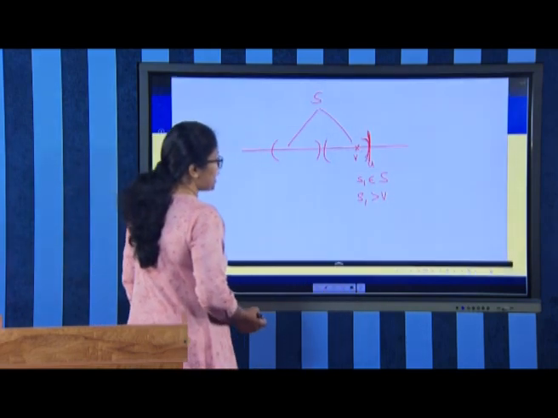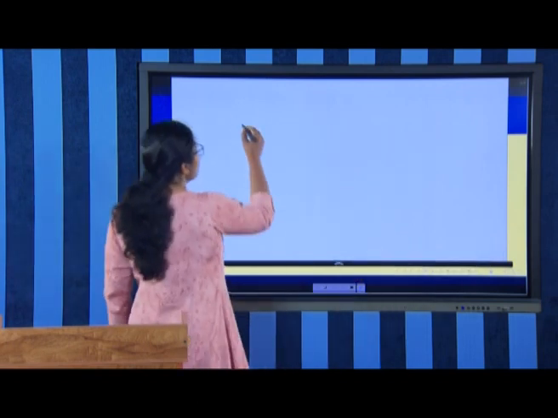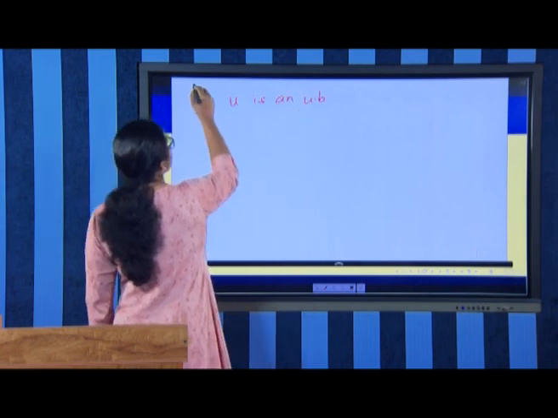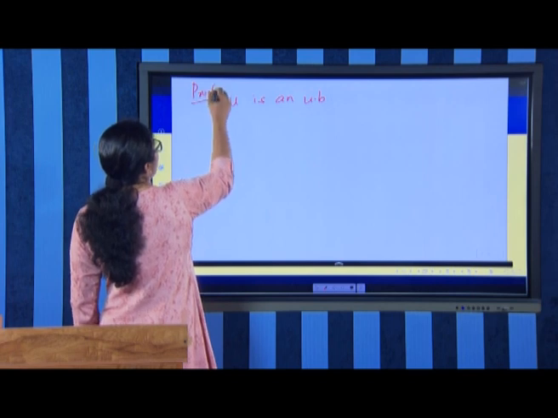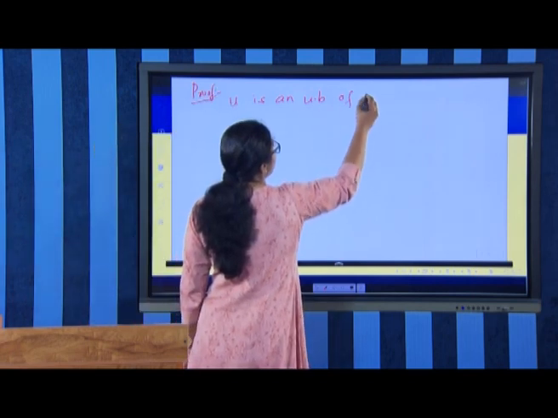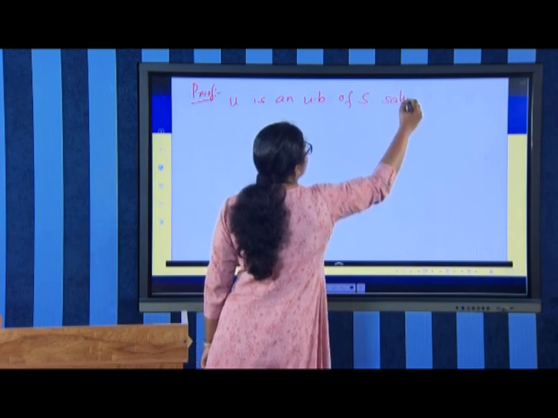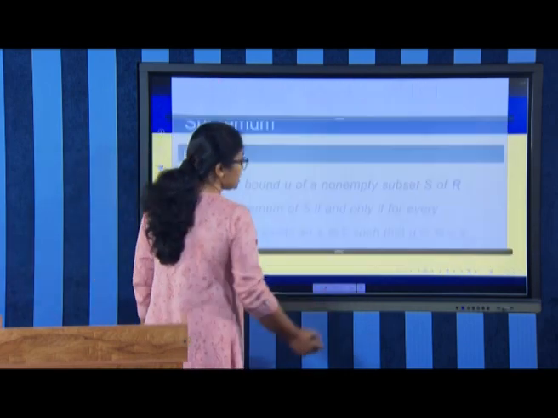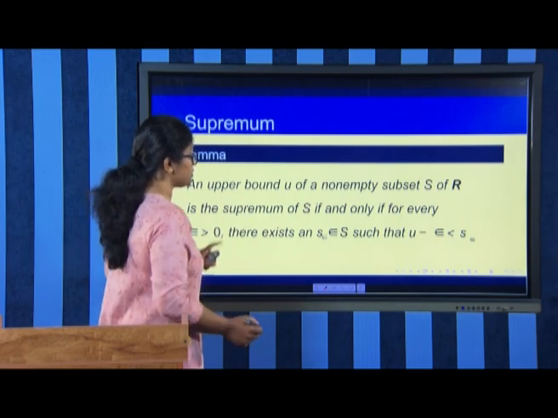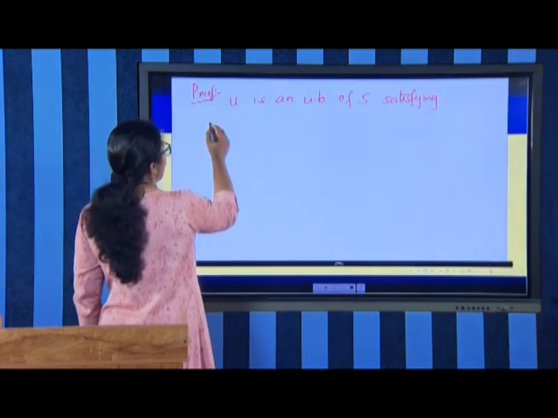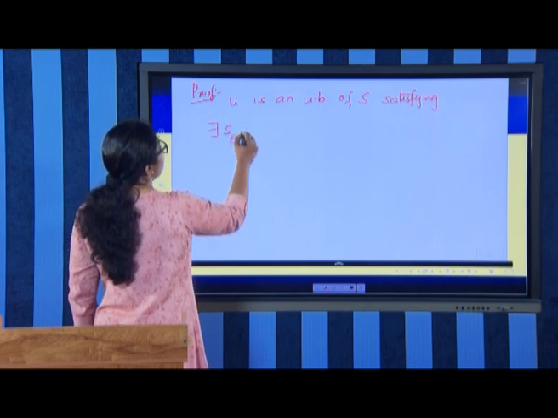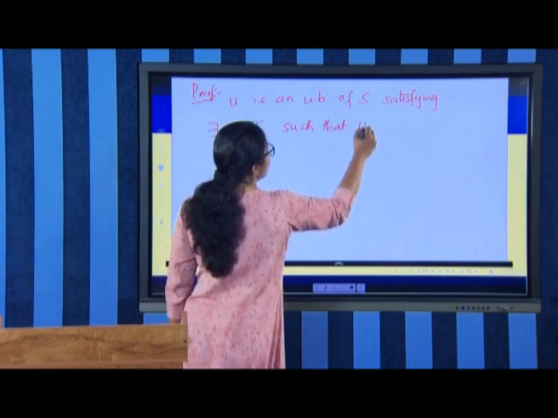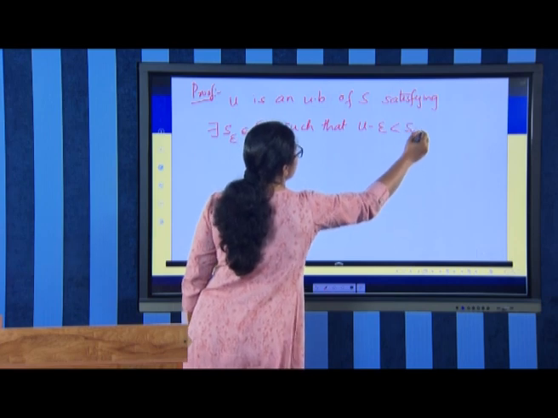First we assume that u is an upper bound of the set S satisfying the condition: for every epsilon greater than 0, there exists an S epsilon belonging to S such that u minus epsilon is less than S epsilon.